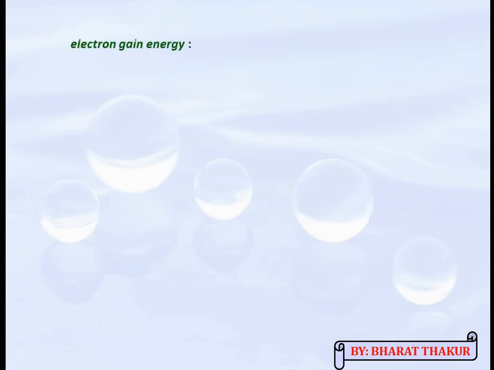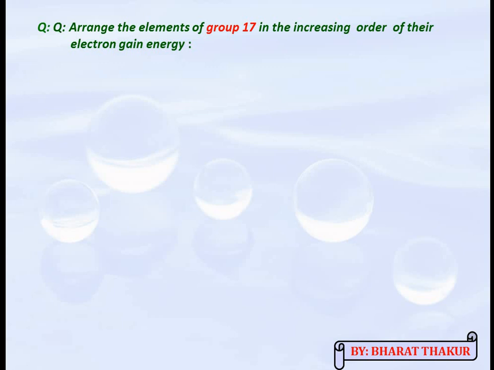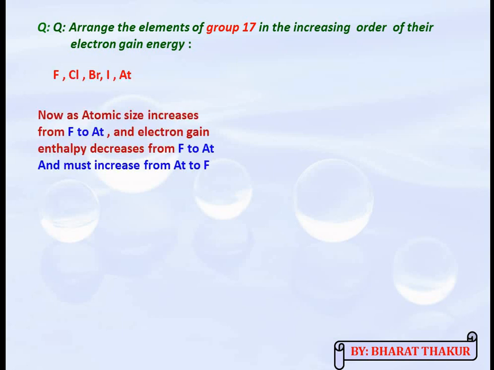In the same way, one more question is: arrange the elements of group 17, that is halogens, in the increasing order of their electron gain enthalpy. The correct order of group 17 is fluorine, chlorine, bromine, iodine, astatine. We know that on moving down the group, the atomic size increases and the value of electron gain enthalpy decreases. That is, electron affinity decreases down the group.